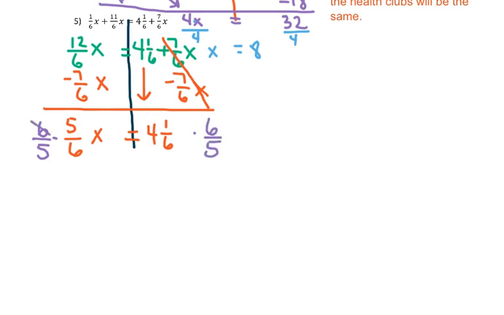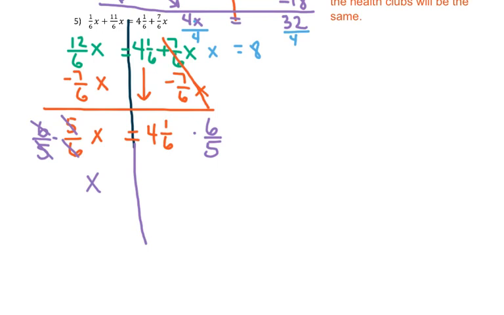Alright, so the 6's, I'm going to cancel those because 6 over 6 is 1, and here 5 over 5 is 1. So my objective was met because I'm just left with 1x. On the other side, we need to multiply 4 1/6 times 6/5.